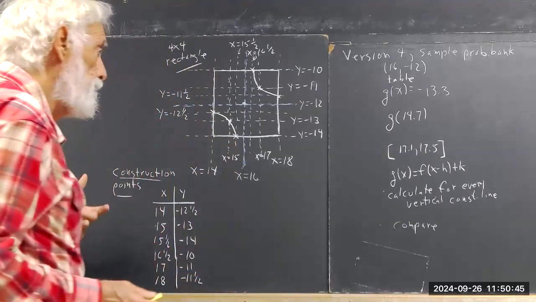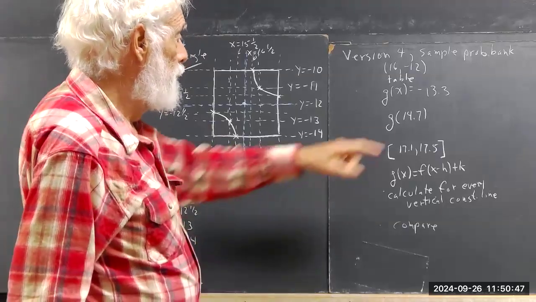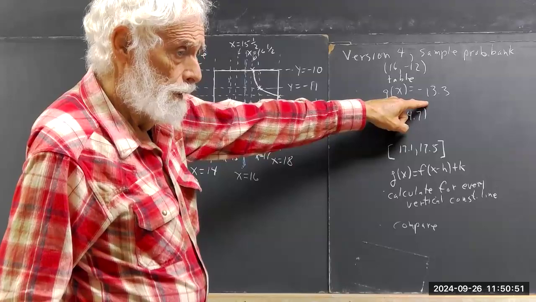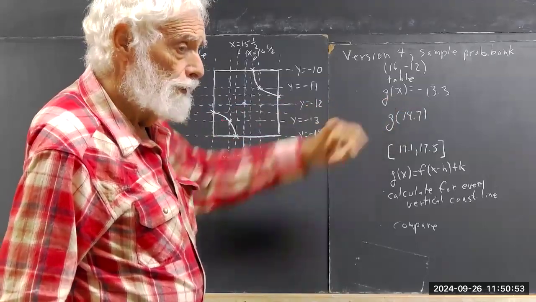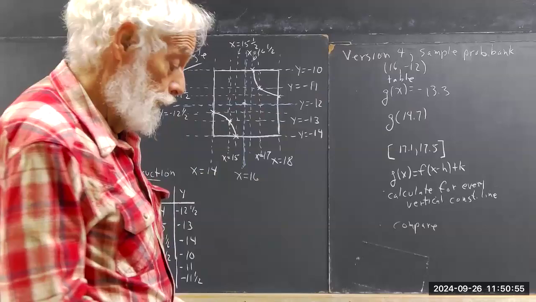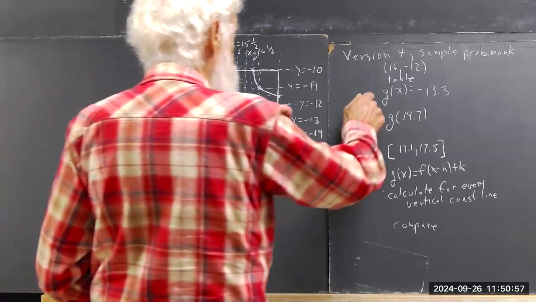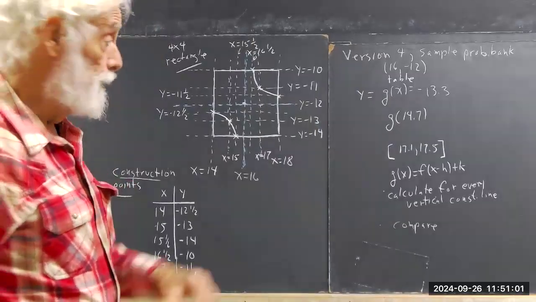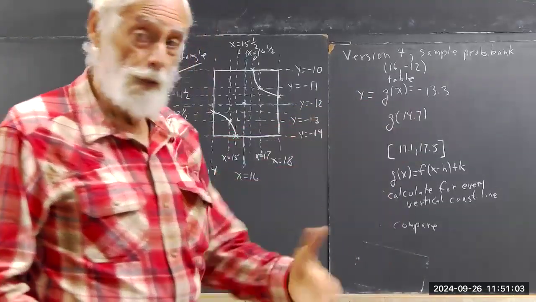Okay, so what is -13.3? Well, g of x is the y coordinate of the function. So you can even write it as y equals g of x. I didn't, but you can always set y equal to the function if that's what you're graphing.